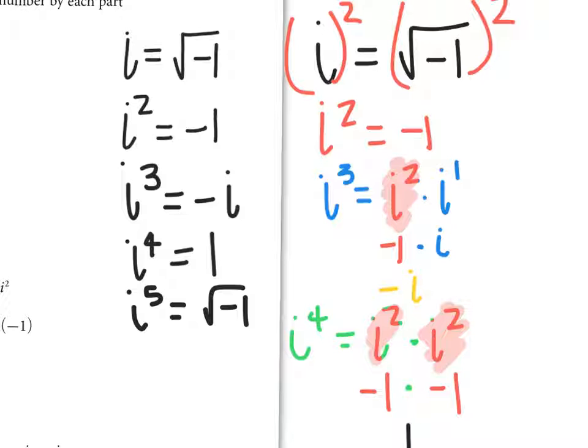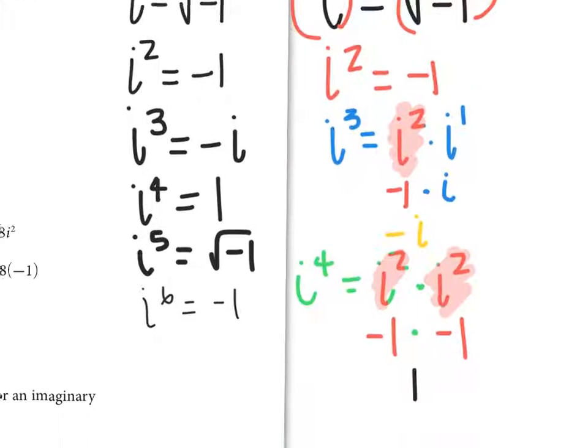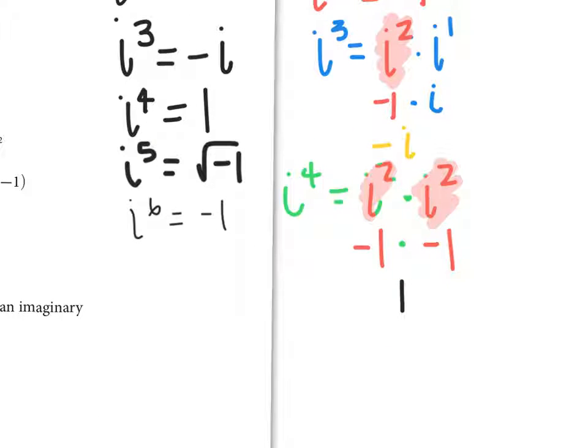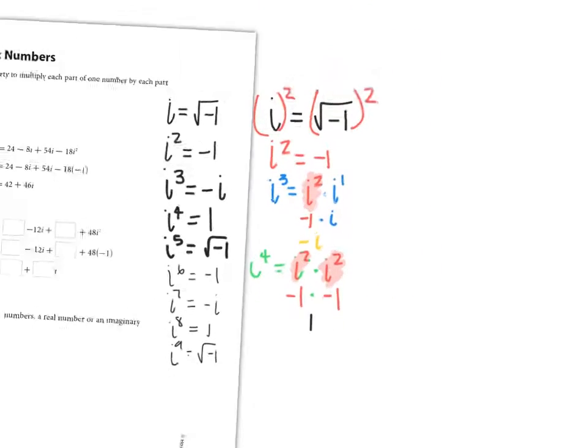And then i to the sixth is going to be -1. And i to the seventh is going to be -i. And i to the eighth is going to be 1. And then it starts back over. i to the ninth equals the square root of -1. And it goes on and on.